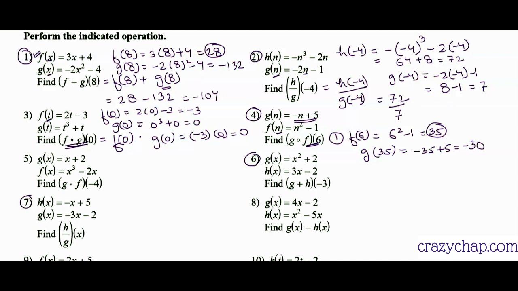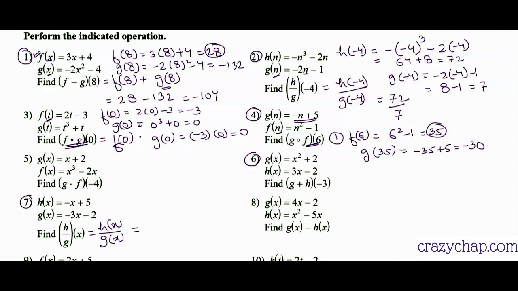The h(x) function is given, the g(x) function is given, and the question is to find (h over g) of x. So basically it is nothing but h(x) divided by g(x), because h over g is division. Okay, the h(x) value has already been given.